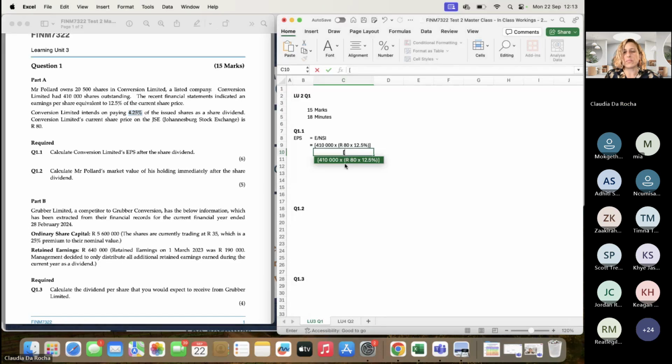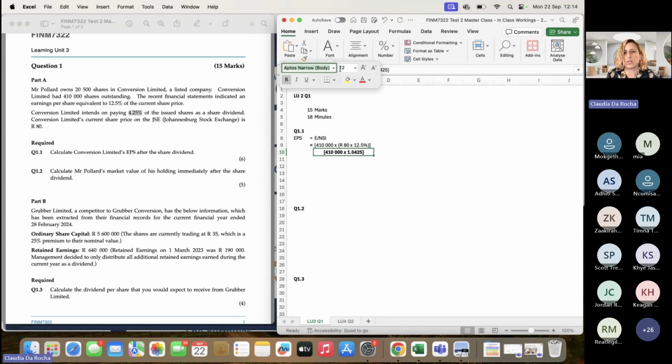Okay. So, I mean, there's two ways. You can say your 410 times 4.25% and add that to 410, or we can just say the 410 times 1.0425, okay? Where we are just trying to increase the share amount.